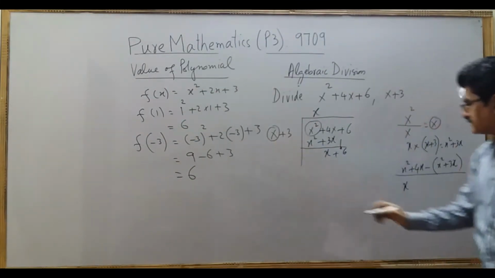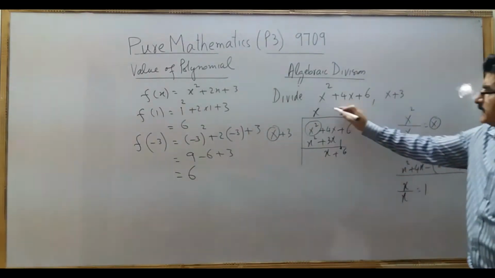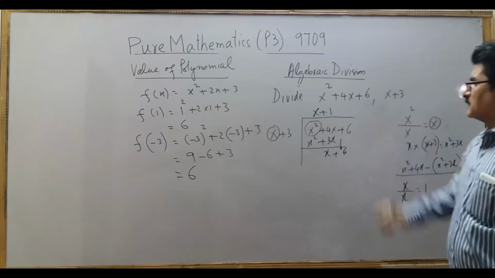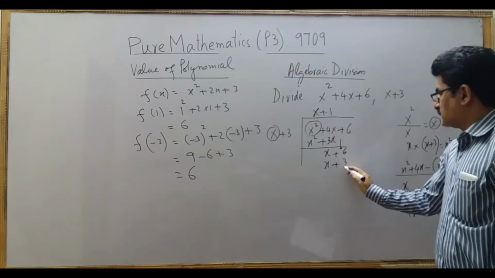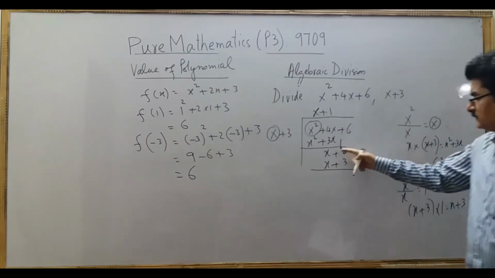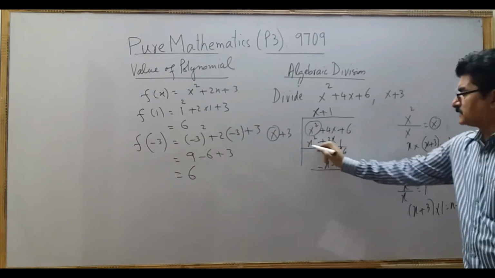Divide it by this first term, which is also x. You will get 1. So write here 1. Multiply this one by x plus 3. X plus 3 multiplied by 1, you will get same thing, no change. So it is x plus 3. Now again you subtract, or you can write here minus, this is cancelled out.